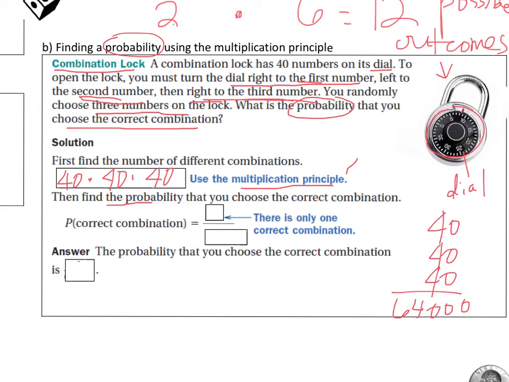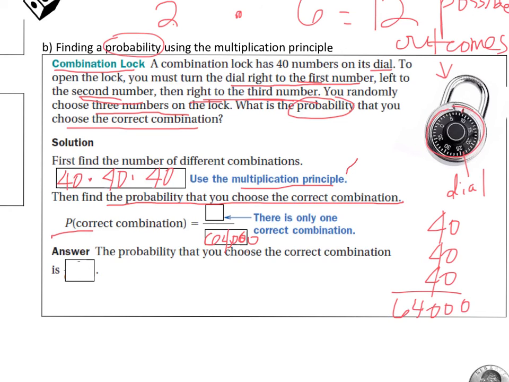Then you need to find the probability that you choose the correct combination. And there's only one chance that you'll get it right. So I will need to put 64,000 in the denominator, because remember, a probability is represented by the number of favorable outcomes in the numerator over the total possible outcomes in the denominator.